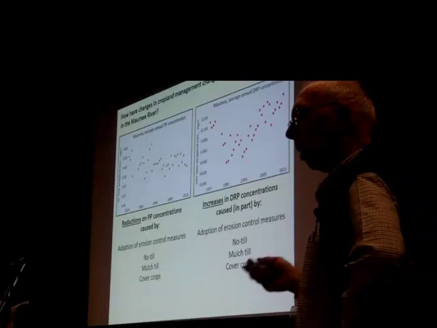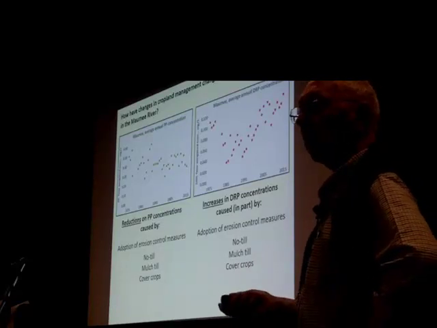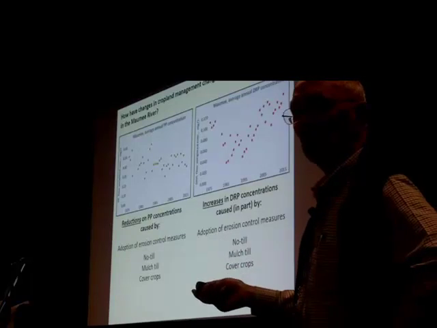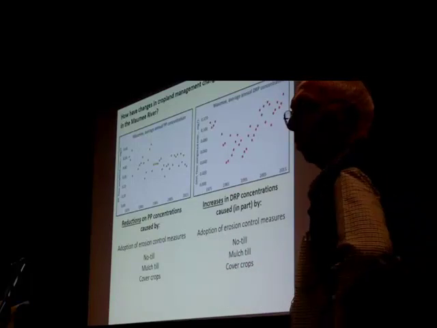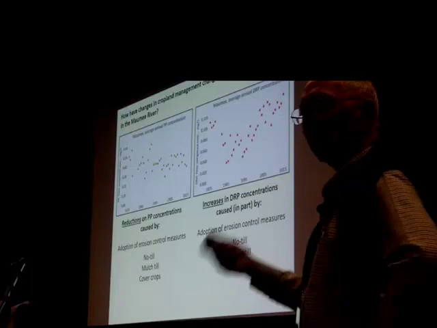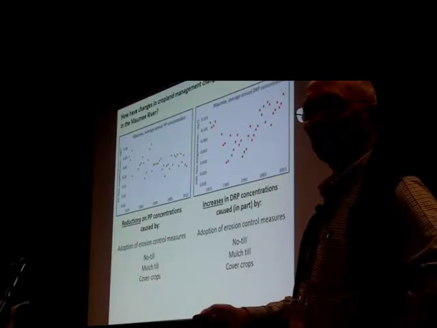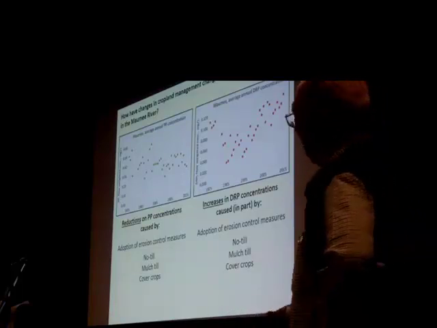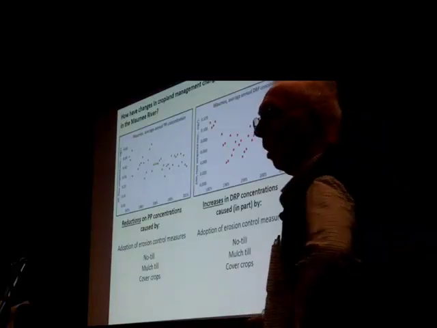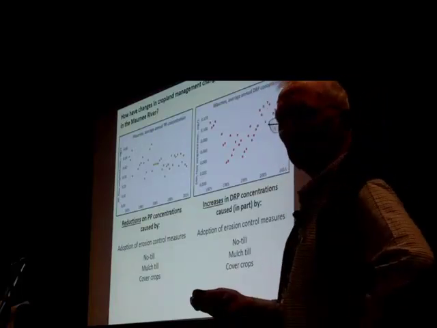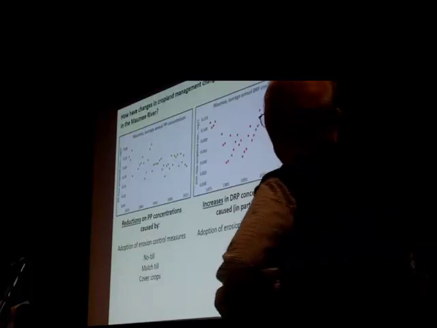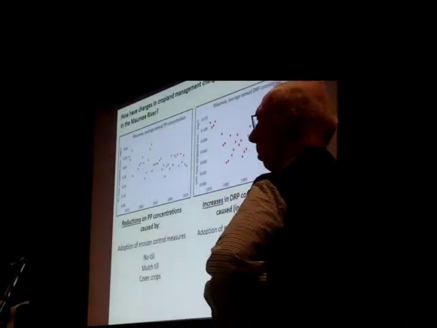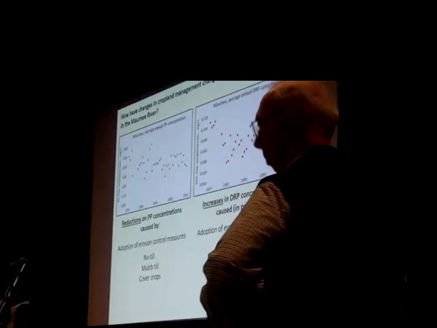But back then, better than 80% of the total phosphorus going down the river was particulate. That left less than 20% being DRP. So it made sense in order to achieve total phosphorus reductions at that time to focus on erosion control. But now, the dissolved phosphorus is almost more than 30% of the total phosphorus load, and it's bioavailable. So let's see just how this happens. How is it that no-till can increase the DRP concentration?